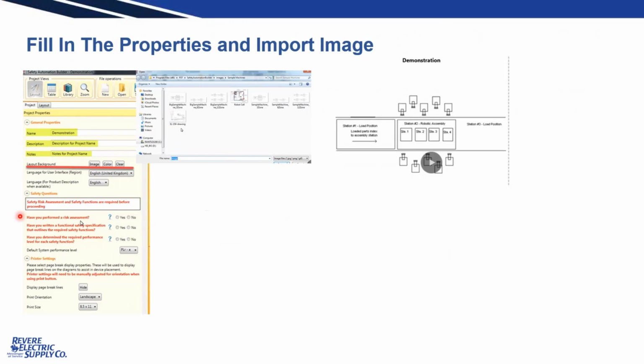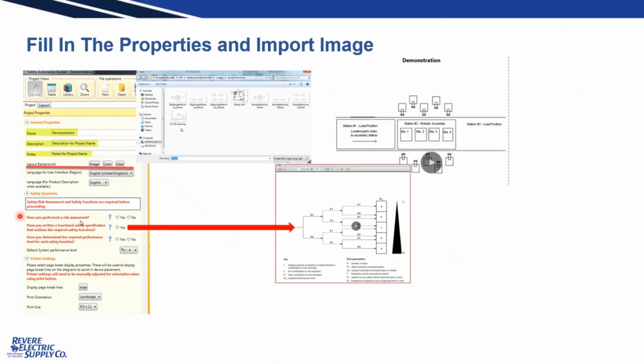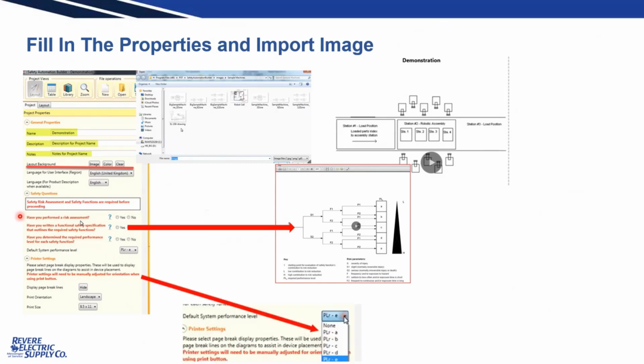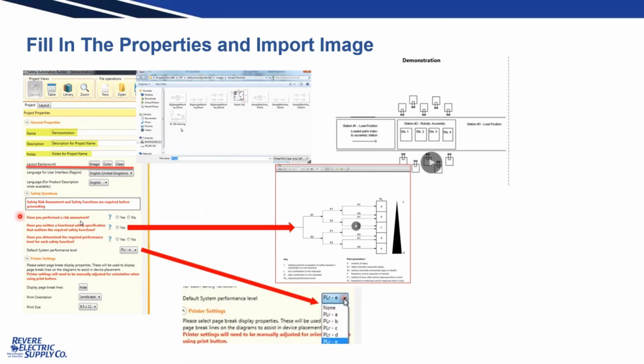And if you're not sure what those specs are, you click on the question icon there, and it'll open up a little table that walks you through selecting those specifications to pick a level. And then again, the next one is determine your performance level. And again, if you're not sure, click on that, and there's some procedures to walk you through selecting that as well.